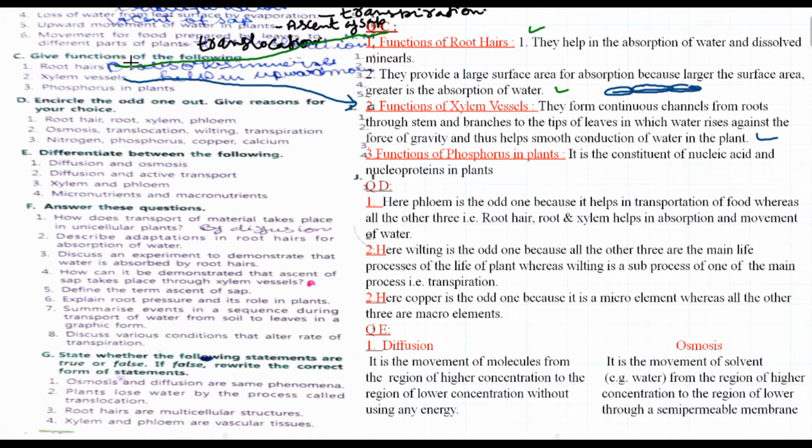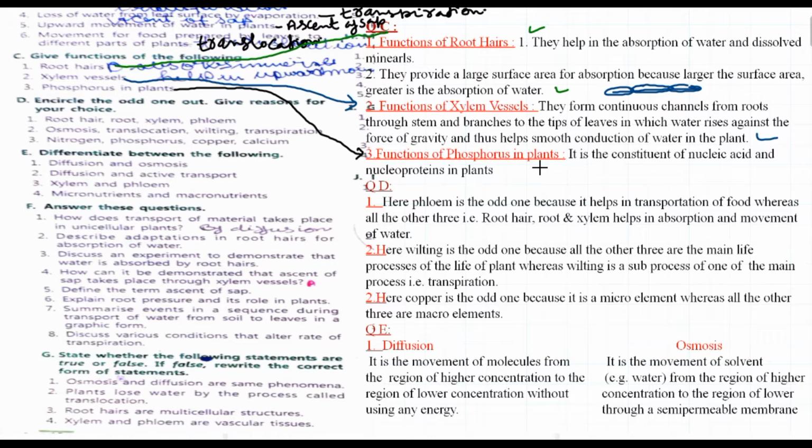Now the next question is the function of phosphorus in plants. Phosphorus is a constituent of nucleic acid and nucleoproteins in plants.